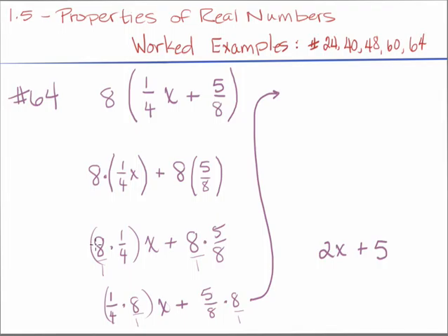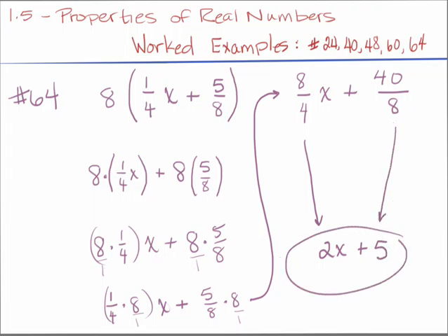And then think 8 times 1 is 8 over 1 times 4 is 4, times x plus 8 times 5 is 40 over 1 times 8 is 8. But of course, 8 over 4, 8 divided by 4 is 2. And 40 divided by 8 is 5. So you still get the same answer.